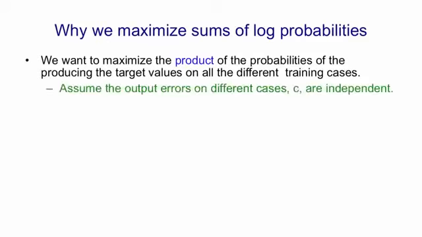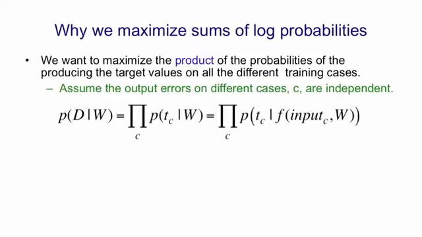If we assume that the output errors on different cases are independent, we can write that down as the product over all the training cases of the probability of producing the target value, TC, given the weights. That is, the product of the probability of producing TC given the output that we're going to get from our network if we give it input C and it has weights W.